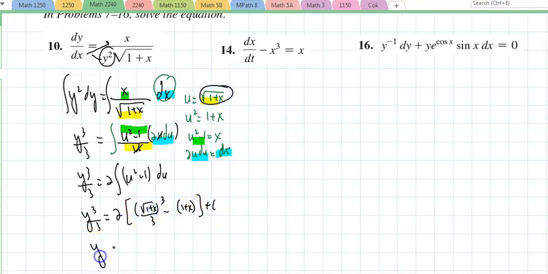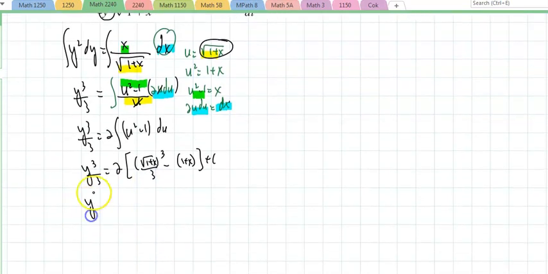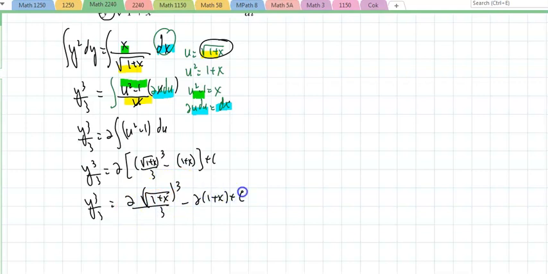Actually here, let me simplify one more, that's okay. y cubed over 3 equals twice the square root of 1 plus x cubed over 3 minus twice the square root of 1 plus x plus c.